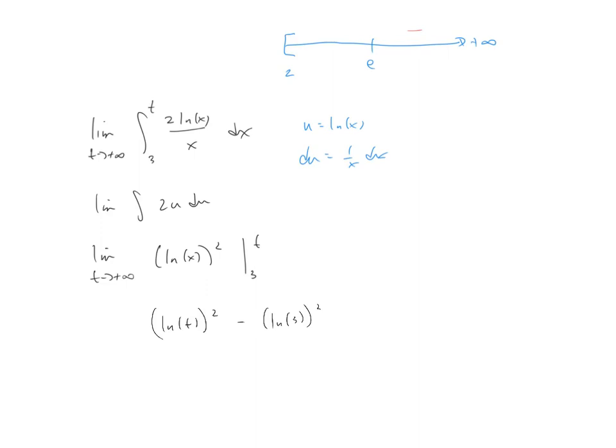And so as we approach infinity with our t, this guy right here is going to go off to infinity. So that's infinity minus, and this is just some constant. If I would have put a 17 right there, this would have been the natural log of 17, and it would not have affected convergence or divergence.